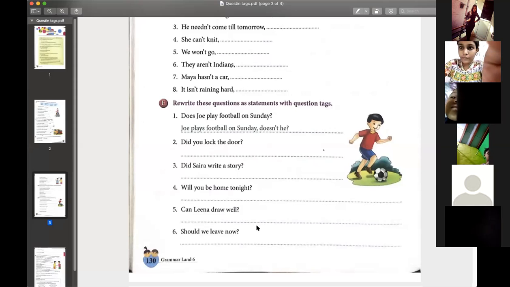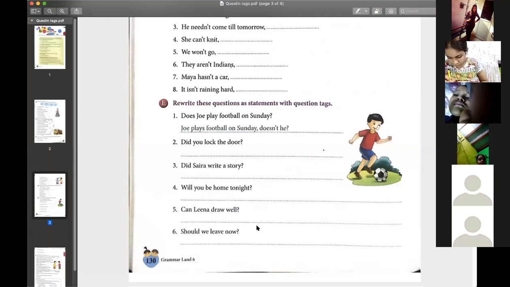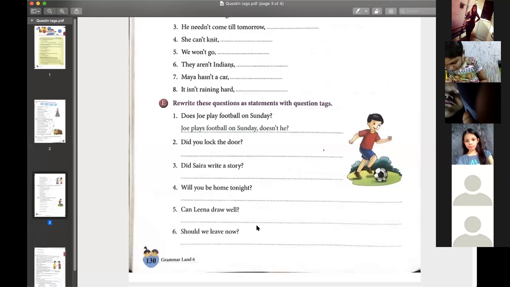Yes, Vidhi. Ma'am, the answer is you locked the door, didn't you? Excellent, Vidhi. You locked. Because it is a past tense, whenever we have did in the question, we use past tense. So, you locked the door, didn't you? Excellent, everyone. Understood?